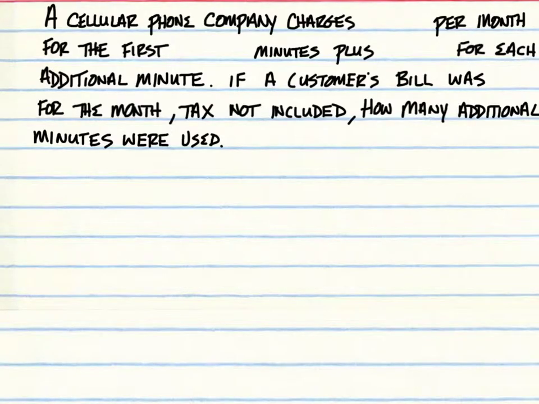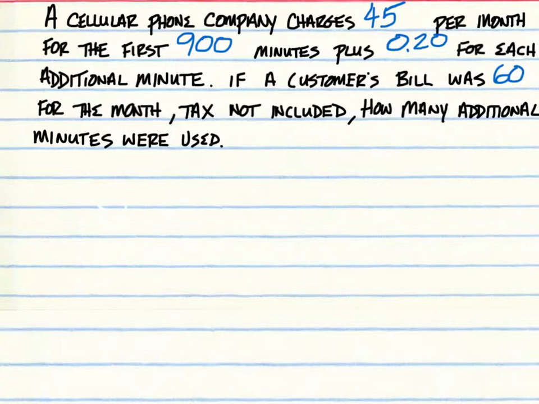A cell phone company charges $45 per month for the first 900 minutes, plus 20 cents for each additional minute. If a customer's bill was $60 for the month, tax not included, how many additional minutes were used?